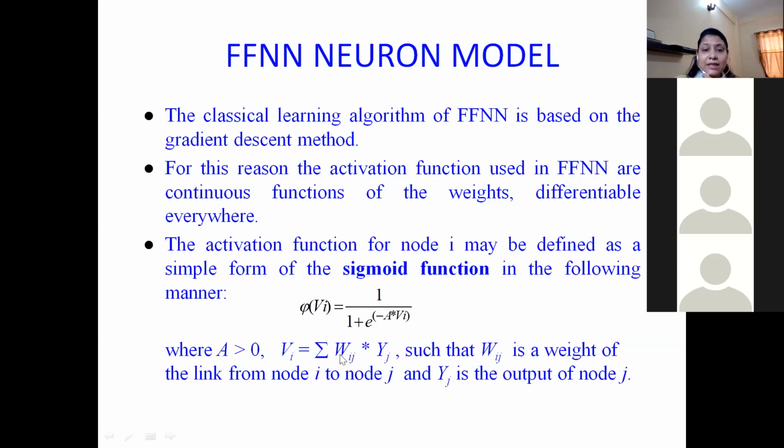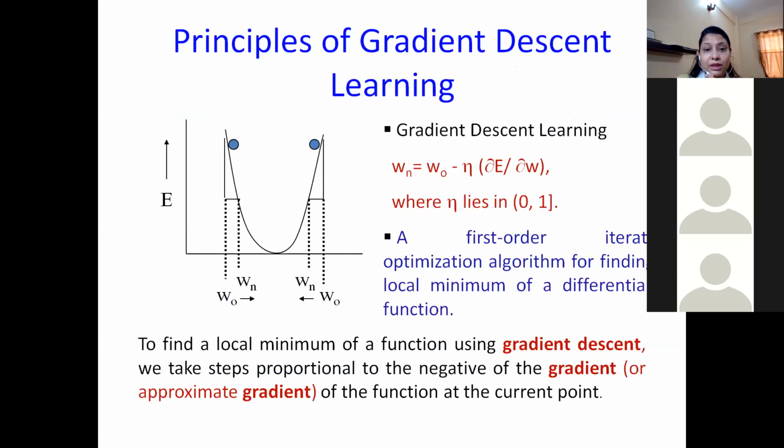So this is one kind of sigmoid function which can be treated as the activation function for this feed forward neural network. This is how the gradient descent learning method looks.